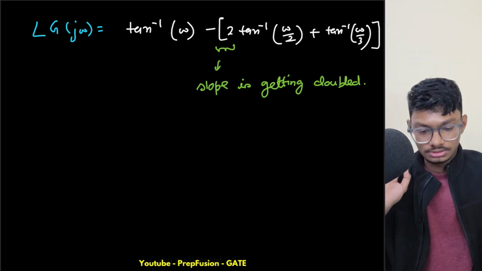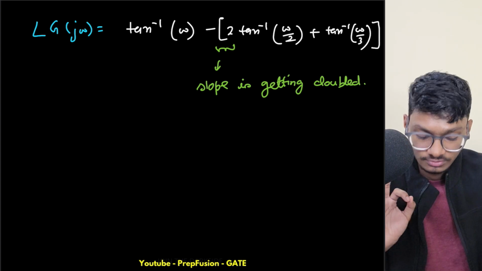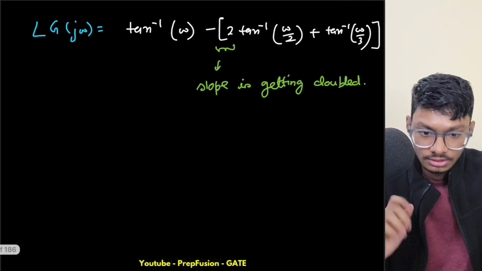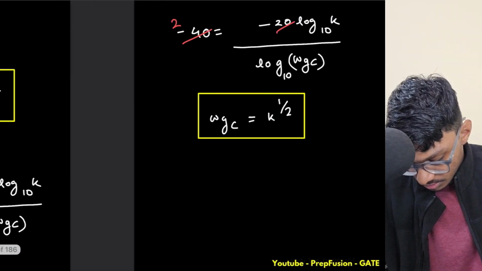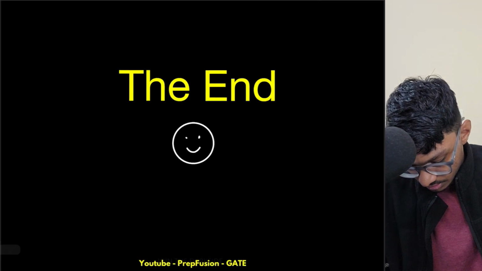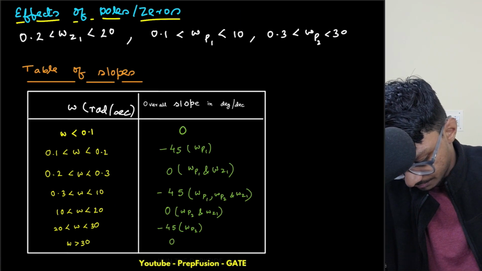Now let's plot the Bode phase plot. This is a bit difficult, but still we'll do this. This will be time consuming, so what I will do is copy that previous table. Let me just copy this table. Where is the table? Yeah, here is the table.